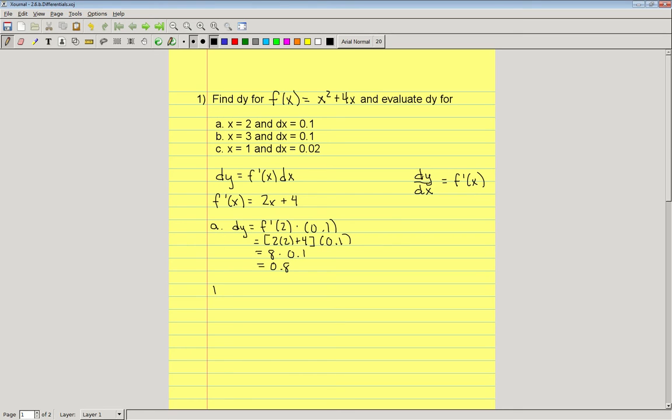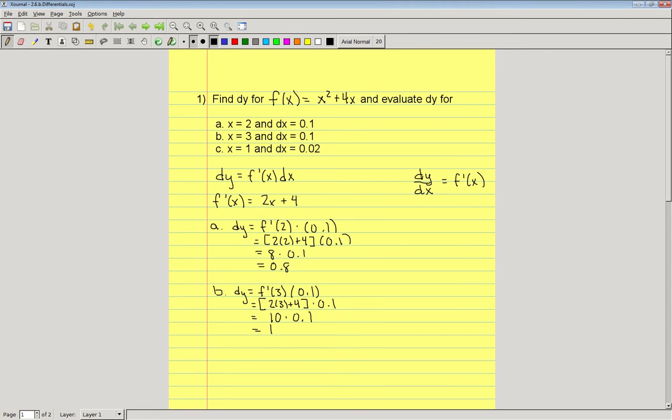All right, let's look at part B. We're going to have that dy equals f prime of 3 times 0.1. So we plug 3 into our expression for the derivative. So we get 2 times 3 plus 4, times 0.1. This is going to give us 10 times 0.1, which is equal to 1.